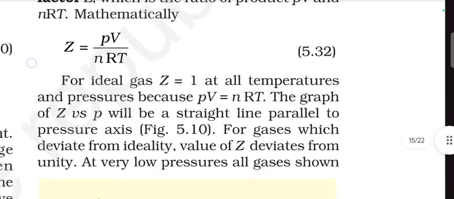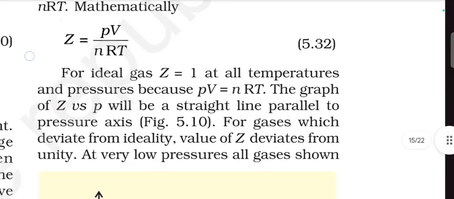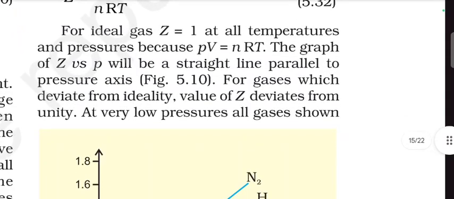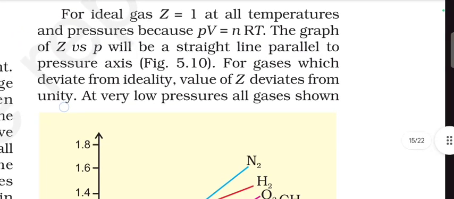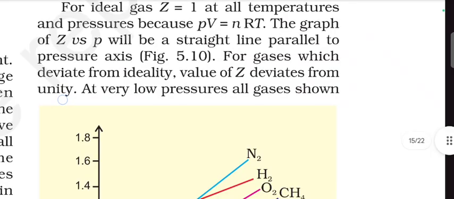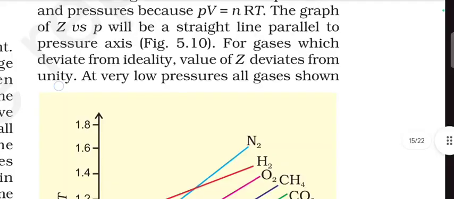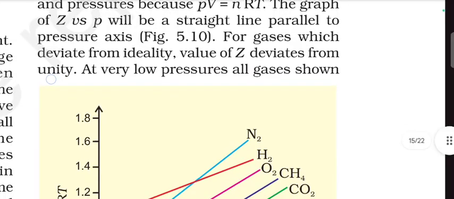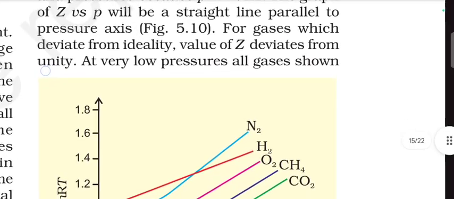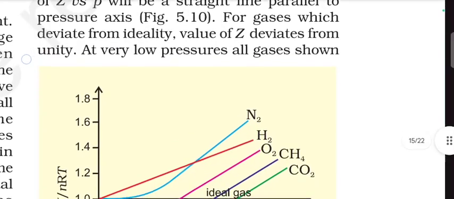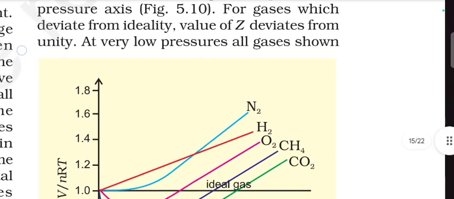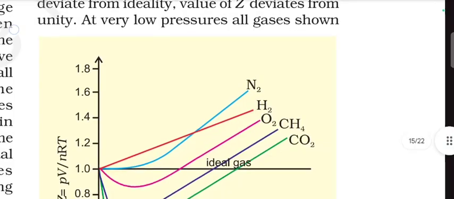Mathematically, Z is equal to PV upon nRT. For ideal gas, Z is equal to 1 at all temperatures and pressures because PV is equal to nRT. The graph of Z versus P will be a straight line parallel to pressure axis, Figure 5.10. For gases which deviate from ideality, value of Z deviates from unity.